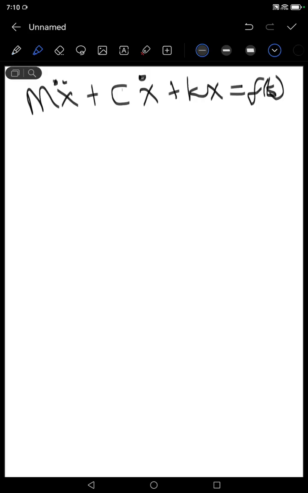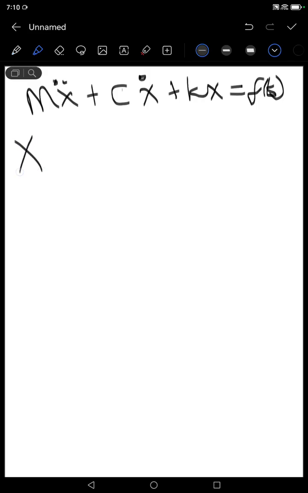So what we're going to do here is let our displacement be x, and our velocity be x dot. I'll show you what I'm saying. The main reason is to determine the response using the Runge-Kutta method. So this is the formula for determining the response using the Runge-Kutta method.